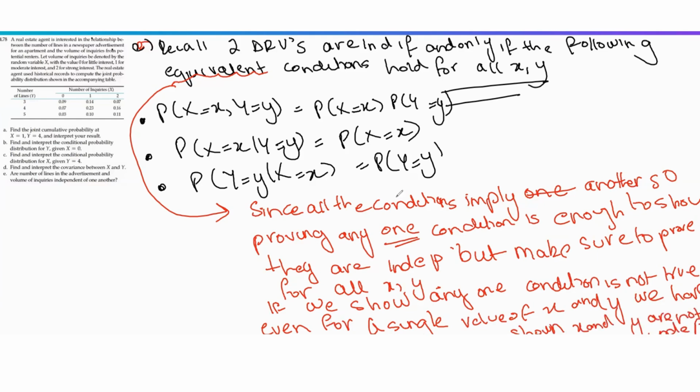So the idea is that if you want to prove independence, you need to prove any one of these conditions for every possible value of x and y. But if you are able to show that any one of these conditions is not true, even for a single value of x and y, then you've essentially shown they're not independent.